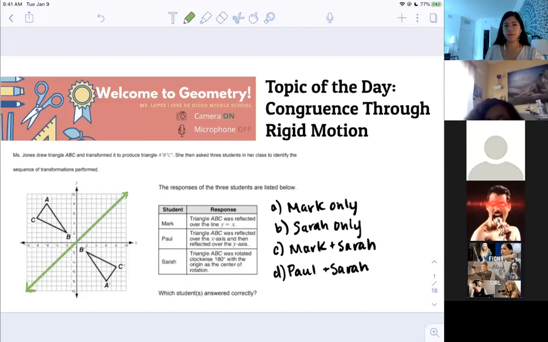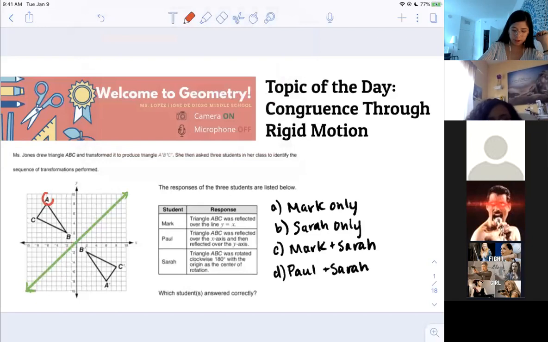Because I think, like, if it was reflected, I don't think that it would match up. Okay, so what would not match? The A? Mm-hmm.